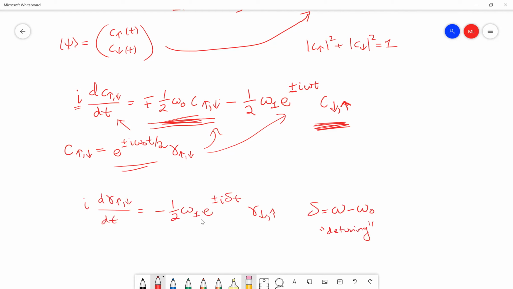So the detuning tells you how far your applied frequency is away from the Larmor one. So it's called a detuning. But you can forget all that for now. We just want to solve this differential equation. Any questions so far?